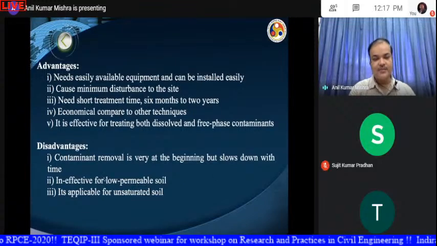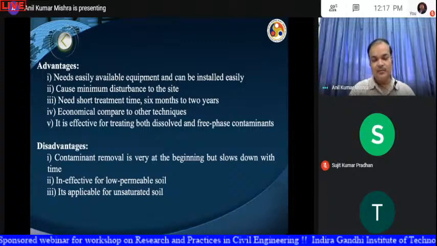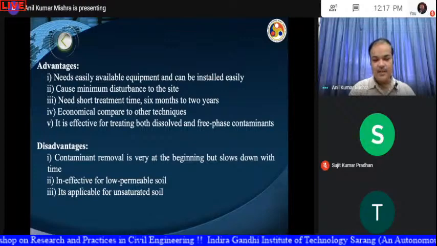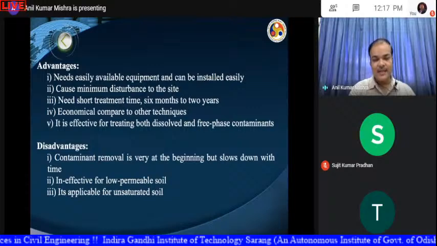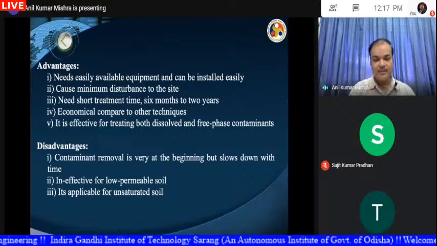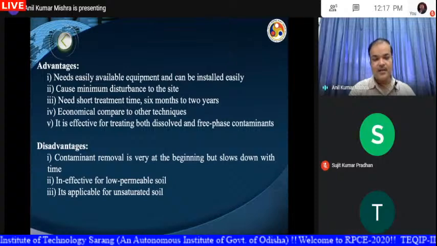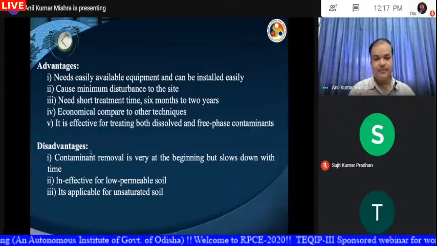When the soil has very low permeability, like clay, this method will be very ineffective. Also, this method is applicable for unsaturated soil. When the soil is saturated or more water is present, the temperature of the vapor will decrease and the effectiveness of this method will also be reduced.